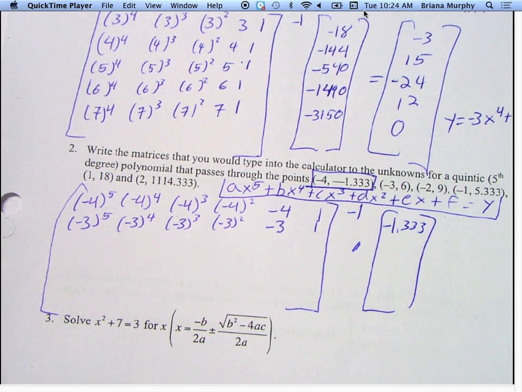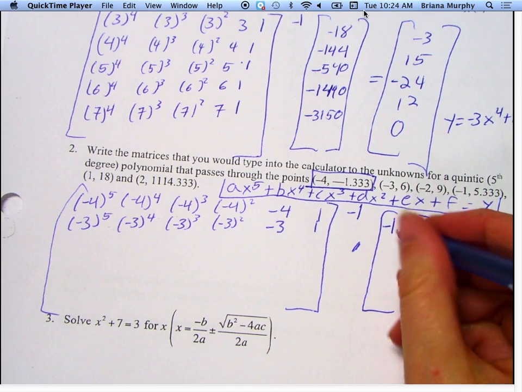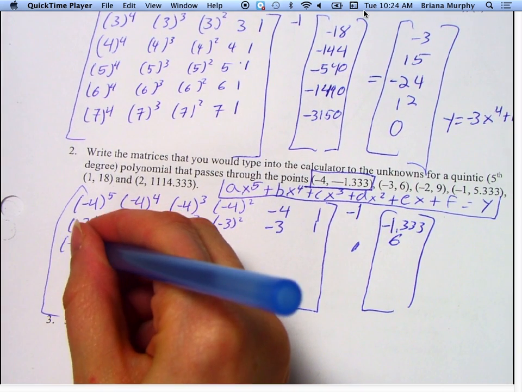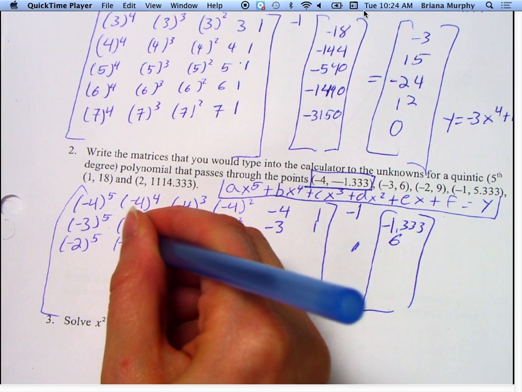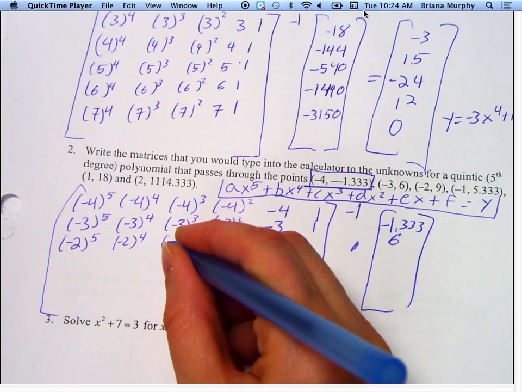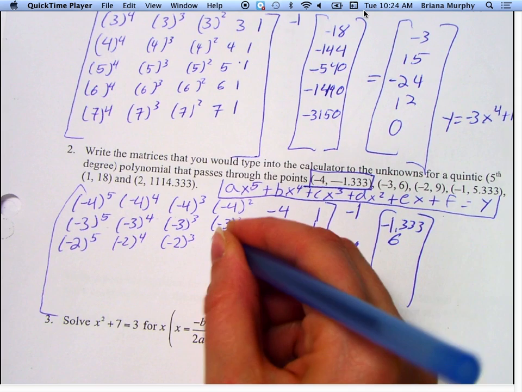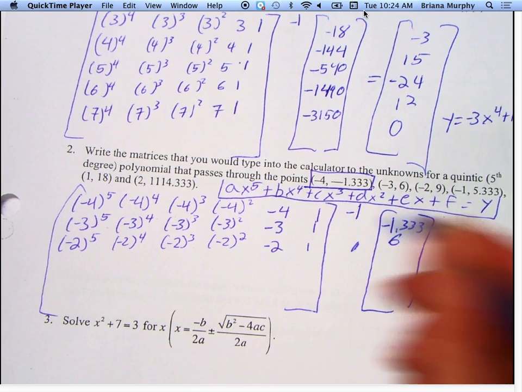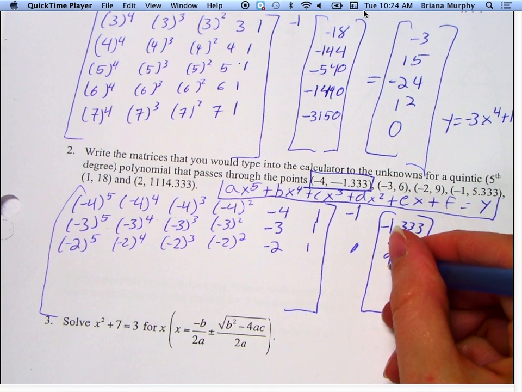And what's my constraint matrices going to have in it? Okay. Next, I'm going to have negative 2 to the 5th, 4th, 3rd, squared, negative 2, and 1, and good.